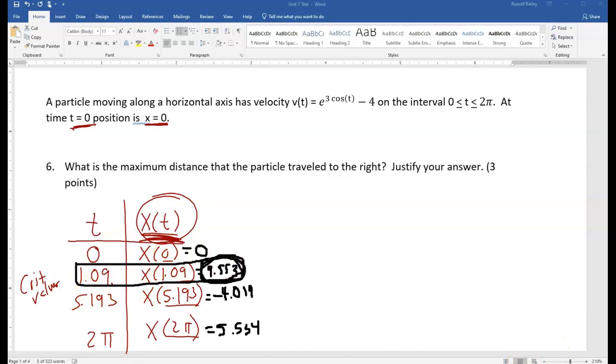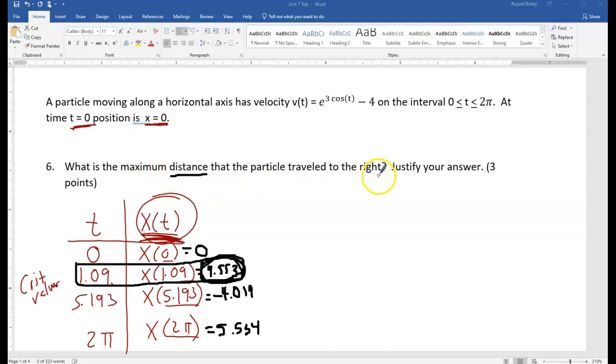Now, Gabriel, you asked a question. We don't put the absolute value bars. That's right. So if you want a position function, you do not use absolute value bars. The only time you're going to use absolute value bars is with distance. I know you guys might be a little confused because it says distance here, but you have to understand what the question's asking. It says, what's the maximum distance that traveled to the right?